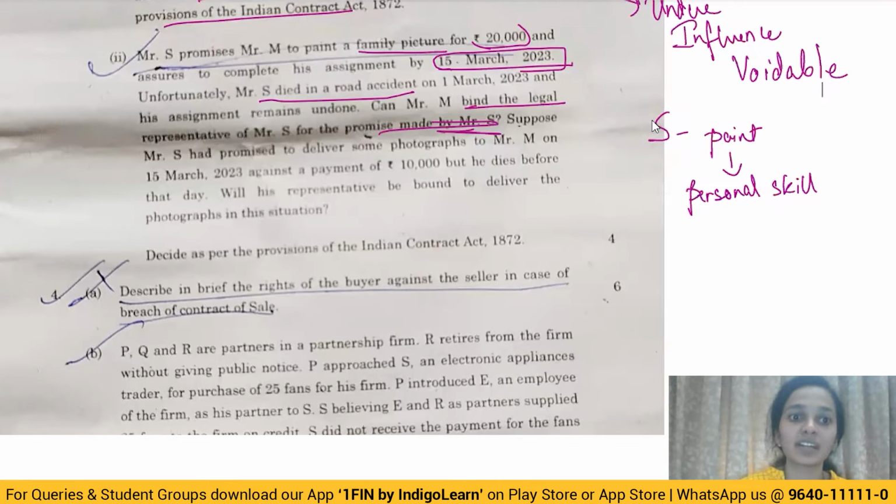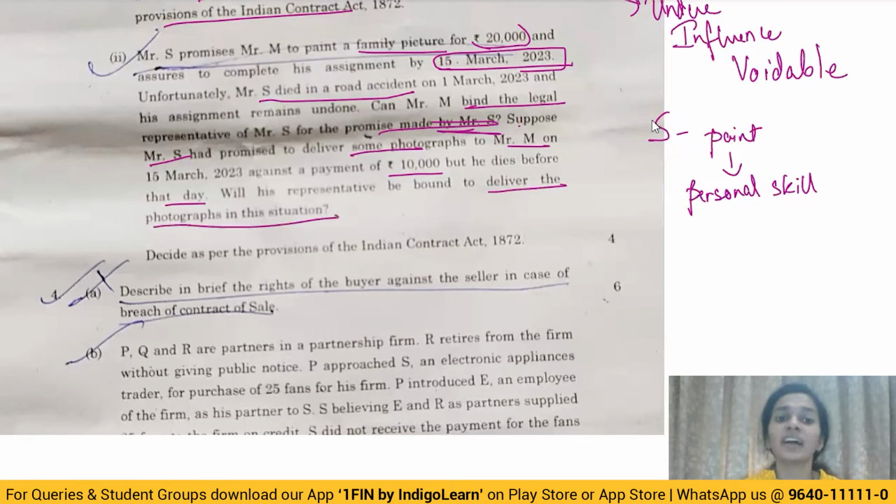Suppose Mr. S had promised to deliver some photographs to Mr. M on 15th March against a payment of 10,000 rupees, but he dies before that date. Will his representative be bound to deliver the photographs in this situation? Now, if it is a situation which does not require any personal skill, then yes, the other party can bind the legal representative of the person to perform the contract.